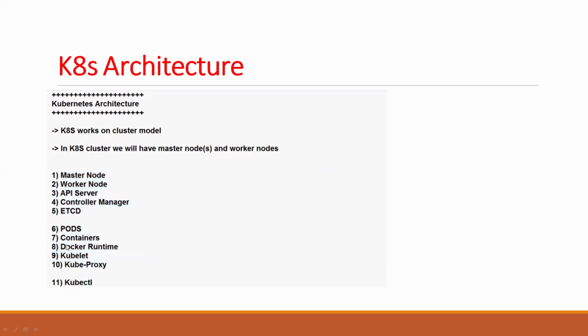What components are there in the node? API server, controller manager, etcd, pods, containers, Docker runtime, kubelet, kube-proxy, kubectl. Guys, everyone can speak out these names.